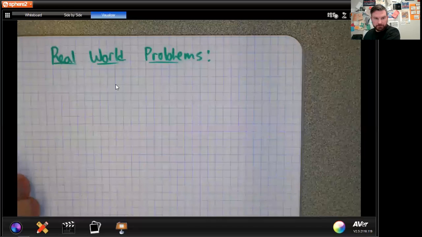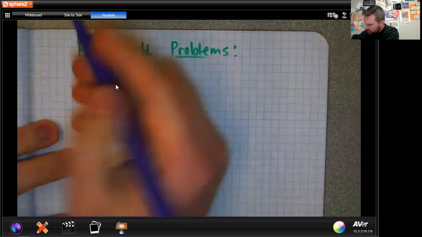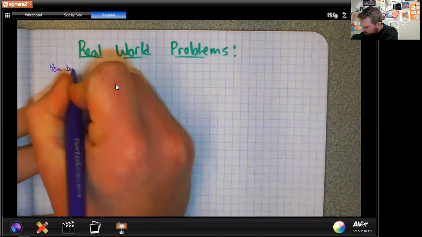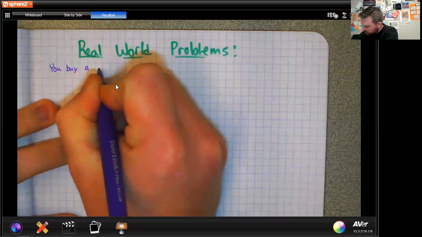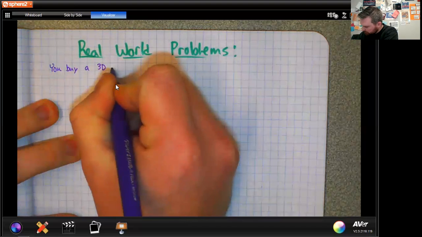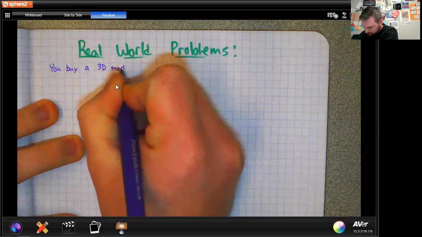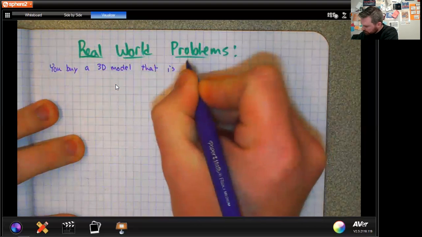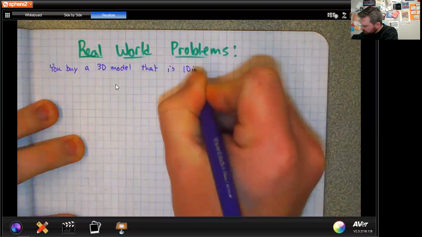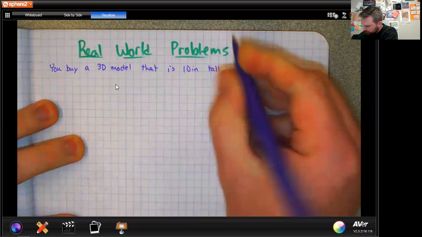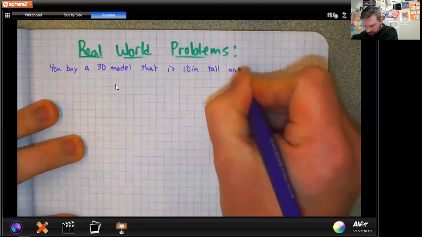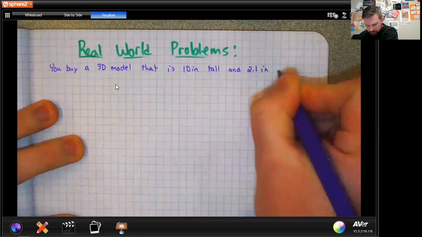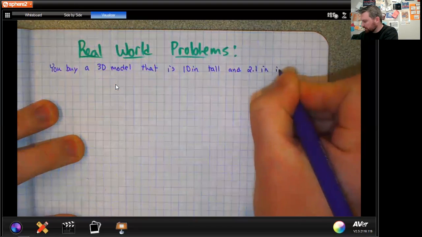So the first one: you buy a 3D model that is 10 inches tall and 2.1 inches in diameter.